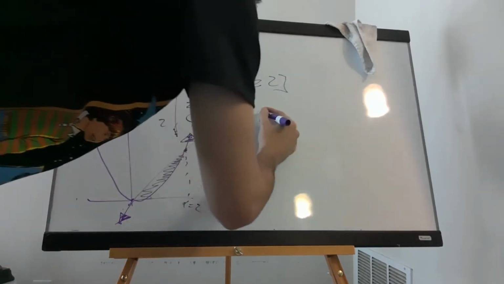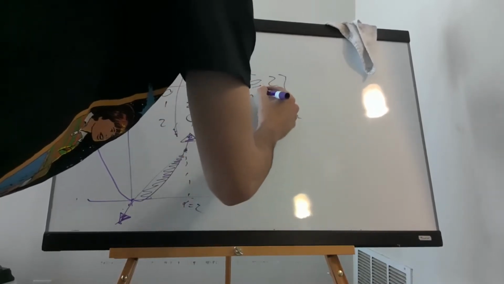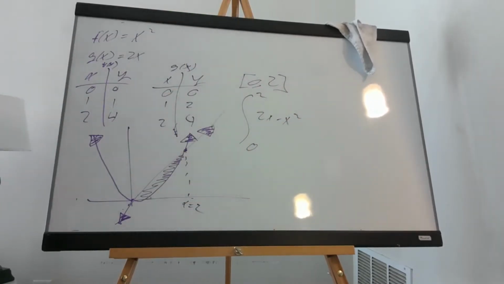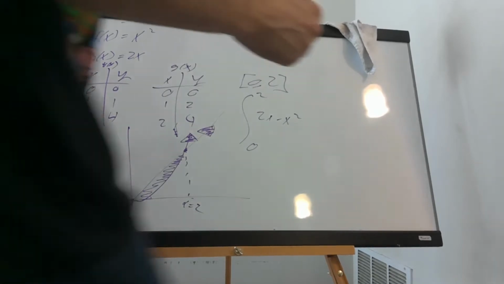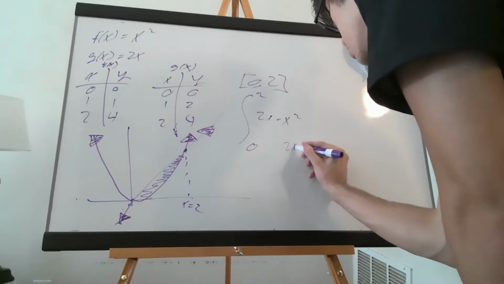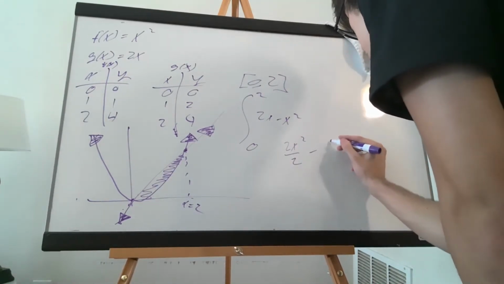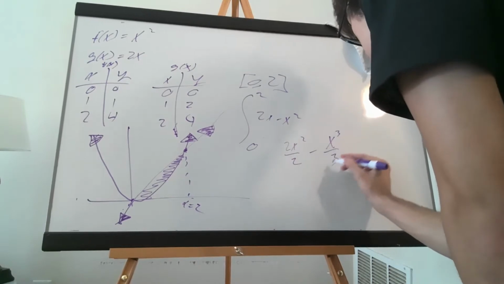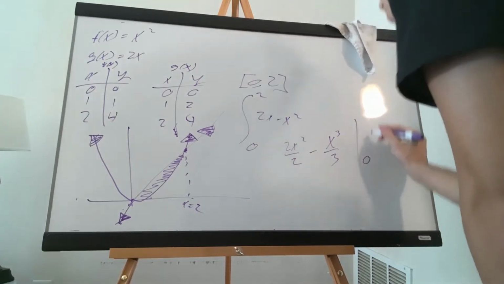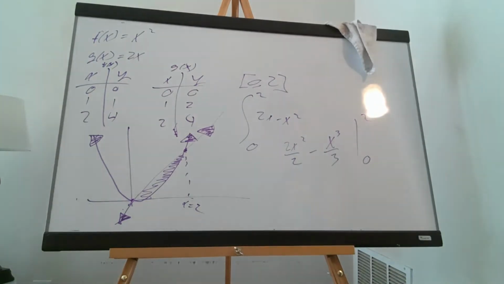So we're going to do the integral of 2x minus x squared, 0 to 2. And that's going to give us 2x squared over 2 minus x cubed over 3 from 0 to 2. And then you just simply plug in and solve.